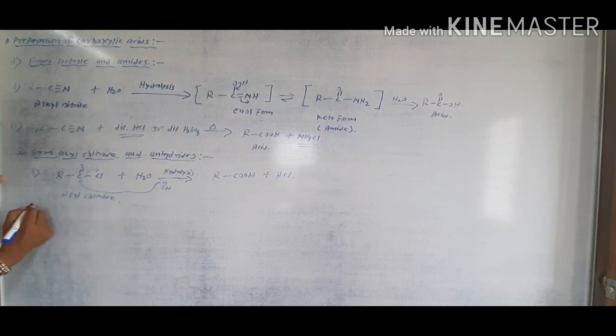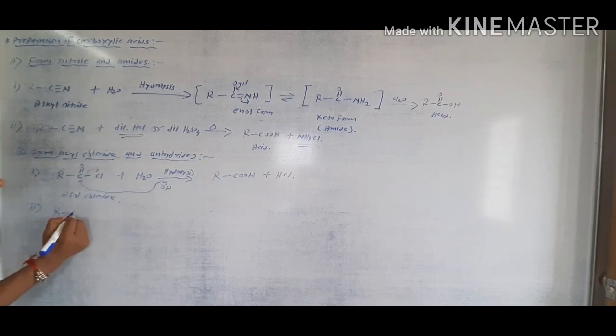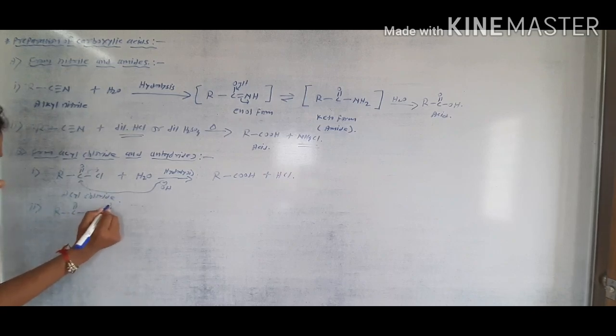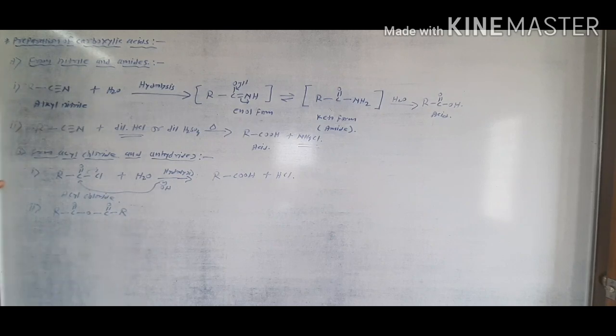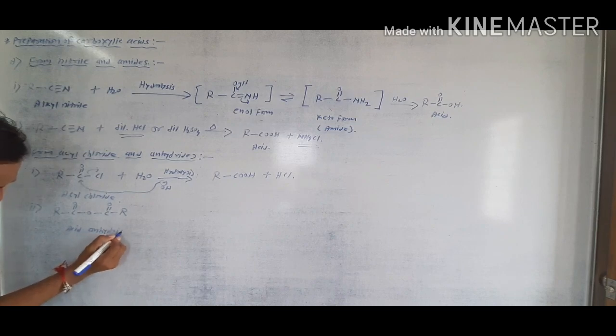The second method is from acid anhydrides. The general formula of the acid anhydride is RCOOCOR, this is the acid anhydride.